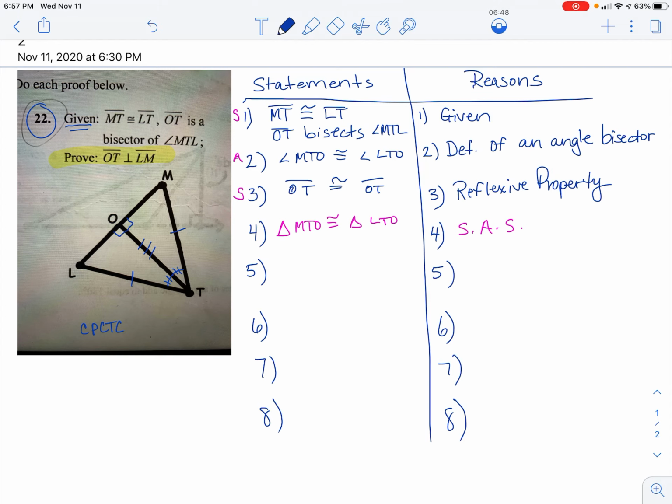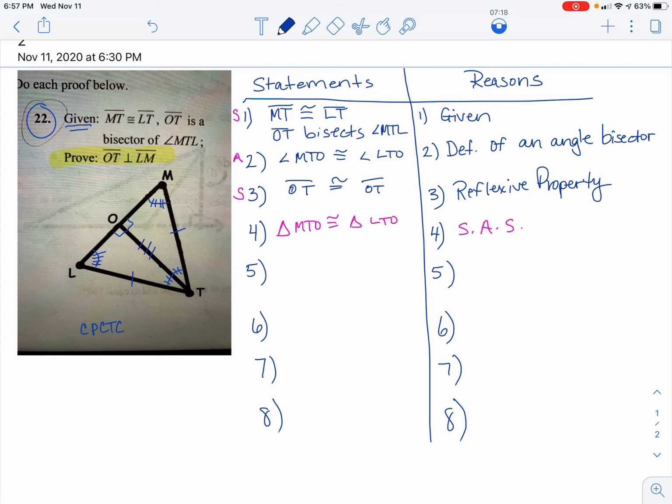Also, look at these. These are congruent, right? Because those are congruent triangles, that means all their corresponding parts are also congruent. So we want to focus on those angles resting at point O. Those angles are also congruent based on our side angle side and showing that we have congruent triangles.